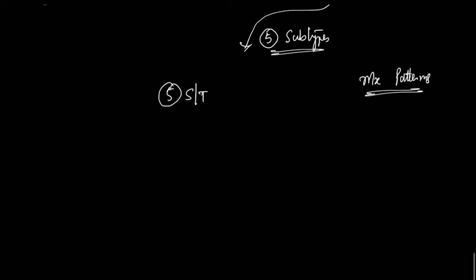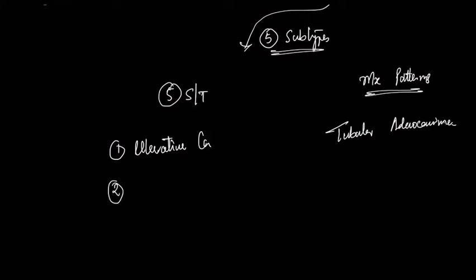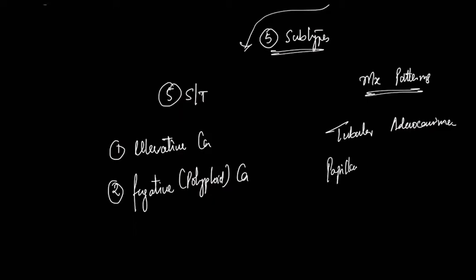The first one is your ulcerative carcinoma, which has a microscopic pattern of your tubular adenocarcinoma. The second being your fungating or polypoid carcinoma, which has a microscopic pattern of papillary adenocarcinoma.